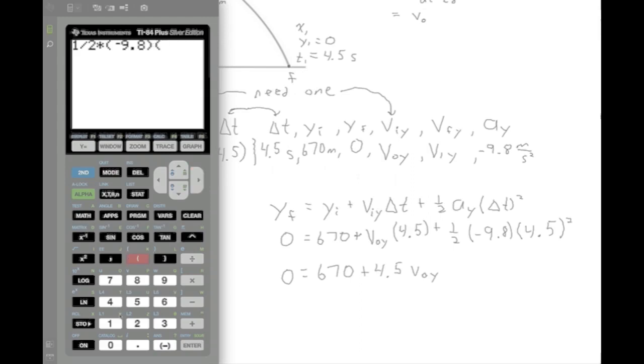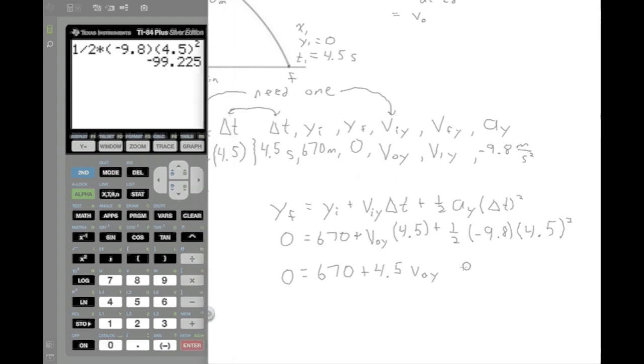Times 4.5 squared. Double check to make sure that you entered it correctly. So we get negative 99.225.